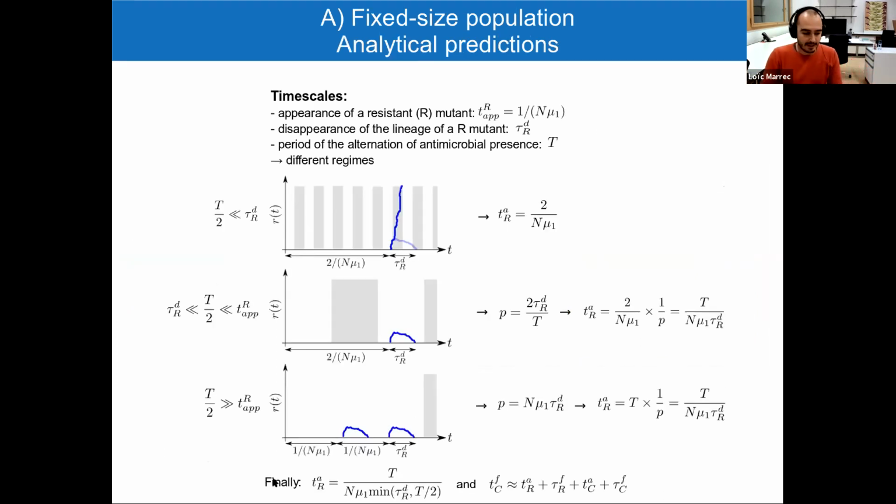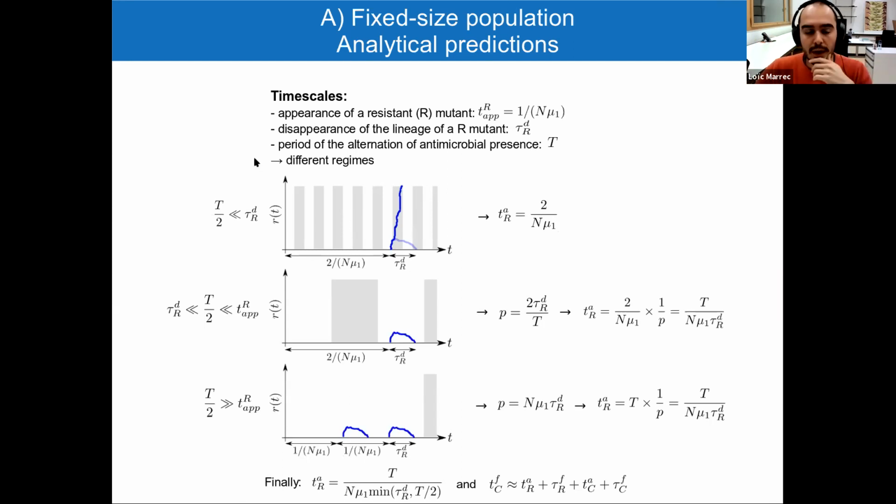So now that we know that the most important process in this model is to know when a resistant mutant appears, I would say, just before an addition of drugs, we can make some analytical predictions.